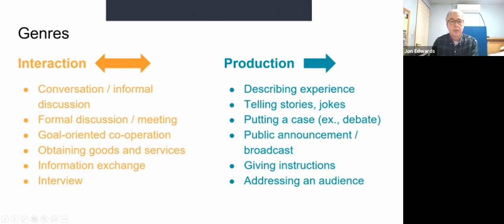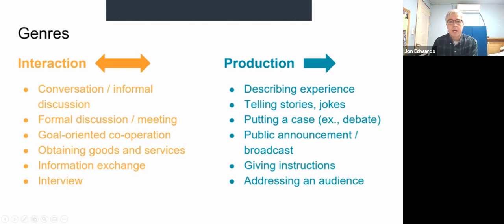So interactional genres are things like conversations or informal discussions, meetings, more formal discussions, goal-oriented cooperation where they're, for example, trying to solve a problem together or plan something together. Obtaining goods and services. So this would be typically like buying something in a store. Information exchange or interviewing somebody.